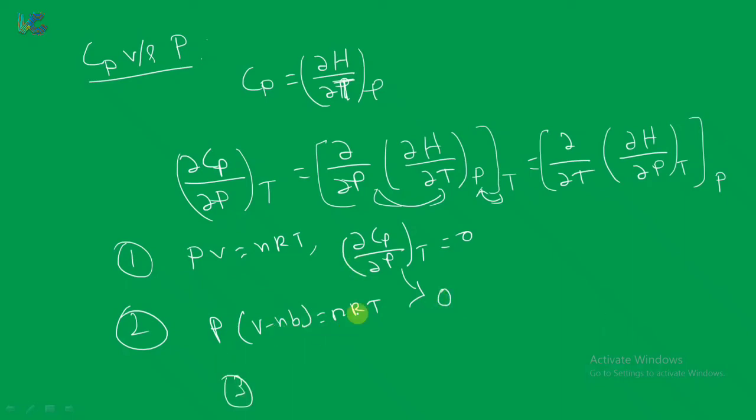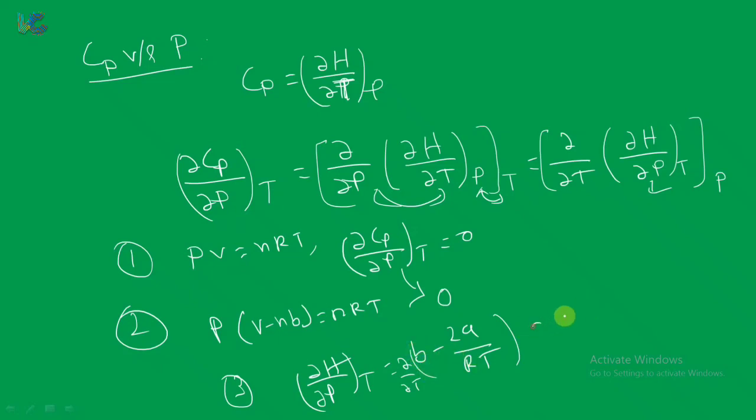But now for the Van der Waals gas, ∂H/∂P at constant T for 1 mole of Van der Waals gas, what will you get? b minus 2a/RT. If you differentiate this term with respect to T, b is a constant, so this will be 0.